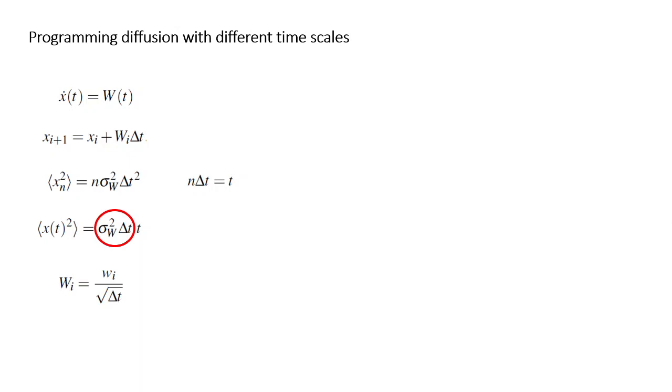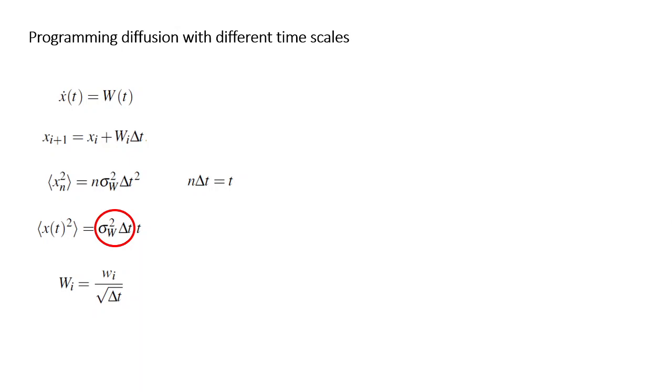This gives us similar overall mean square displacement characteristics, even if we change delta t for our simulations. Here small w_i refers to just a random number with variance 1 and mean 0. You can generate this very easily with randn in any programming language.